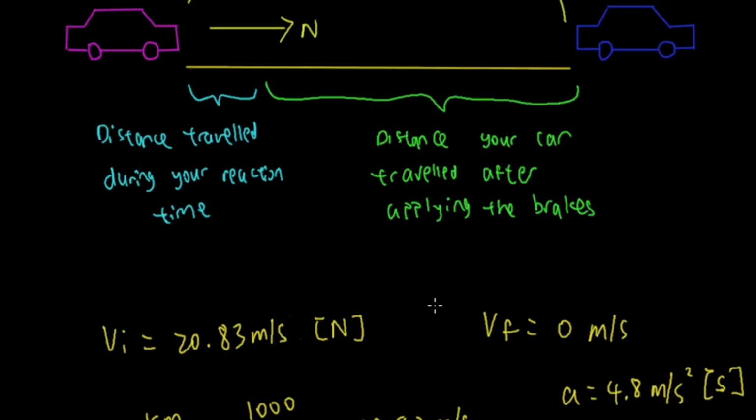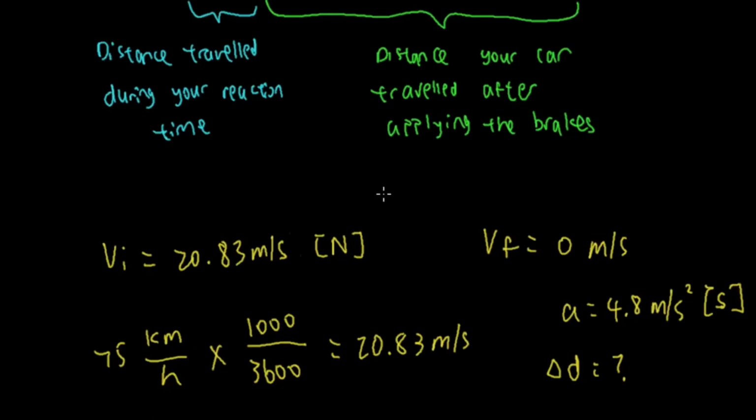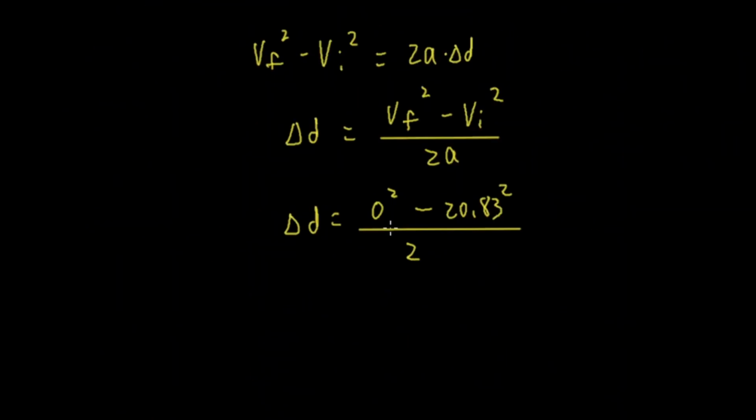Now notice that the acceleration is in the opposite direction of where your car is traveling, and it's going south. So if this side is north, then this side will be south. So this should be negative 4.8 because it's in the opposite direction.